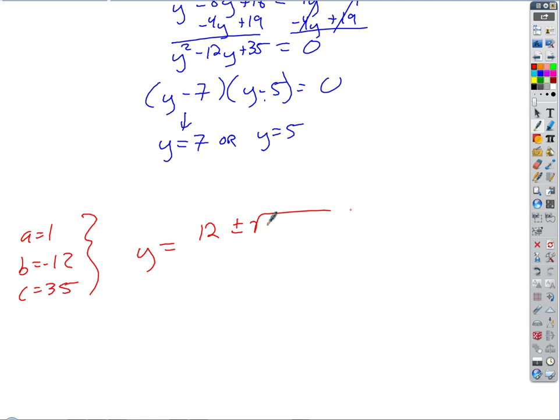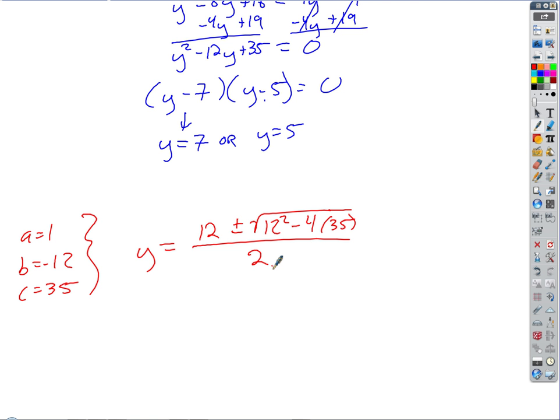So negative 12 squared, we just make positive 12 squared, remember. Whenever we square a negative, just square the positive instead. Minus 4 times 1, we won't even write that, times 35, all divided by 2 times a. 2 times 1 is 2.